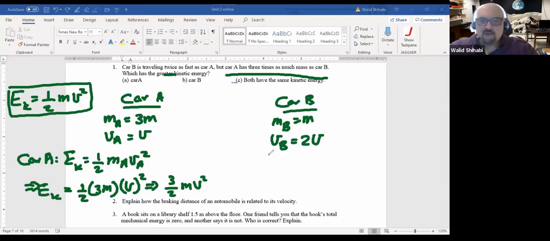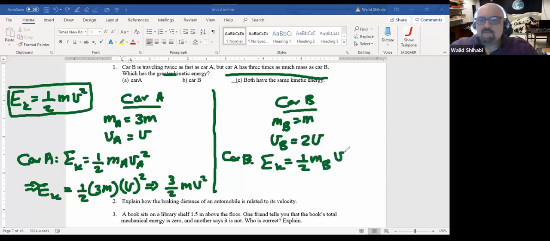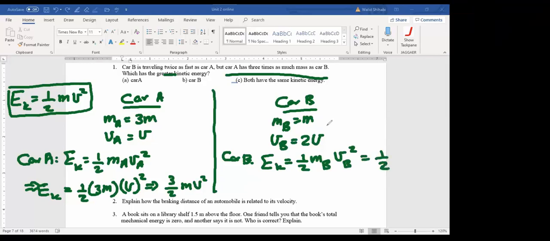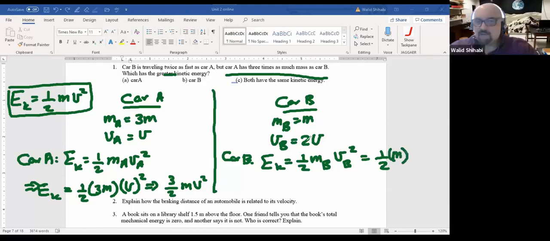Now we'll do the same thing here for car B. So this was for car A. For car B, the kinetic energy is 1/2 the mass of car B times the velocity square of car B. So now we apply the equation. This is basically 1/2. The mass of car B is just M. And the velocity of car B is 2v.